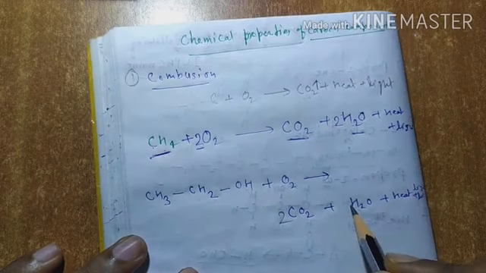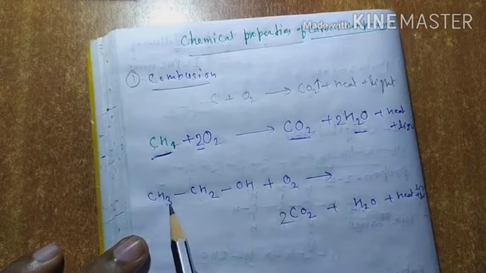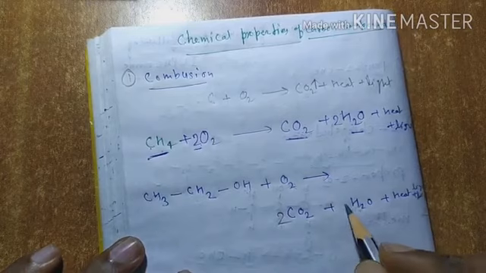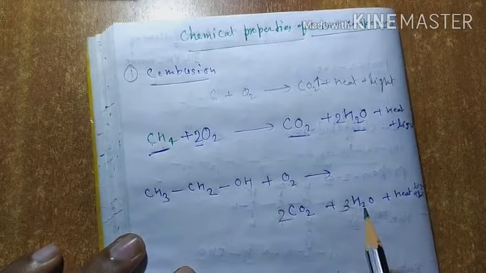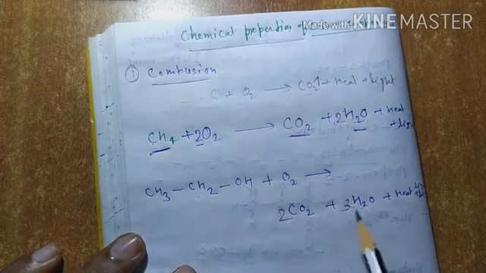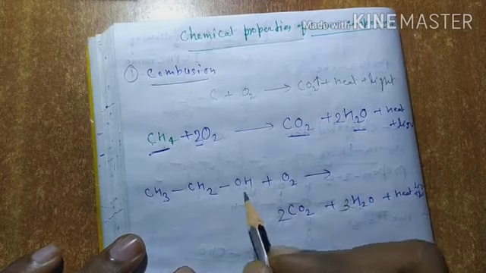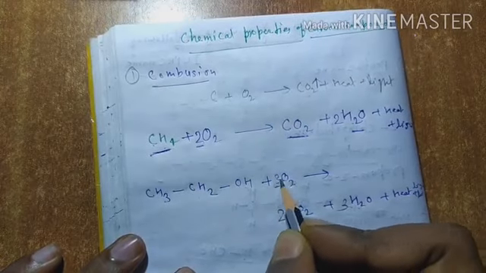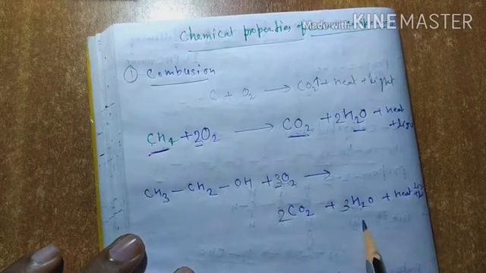If you write 2 for water, hydrogen will be 4, but here hydrogen is 3 plus 2 is 5, plus 1 is 6, so we have to put 3. Then oxygen will be 4 plus 3, that is 7 oxygen on the product side. So we write 3 for oxygen on this side, giving 6 plus 1 oxygen. Now this is a balanced chemical equation.